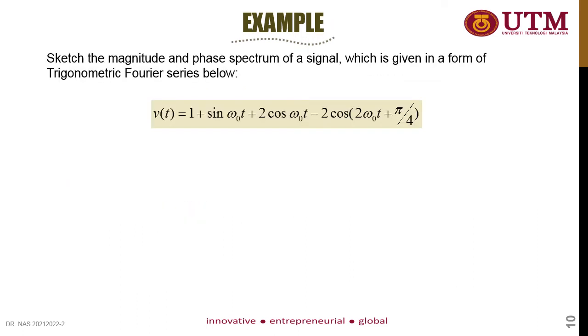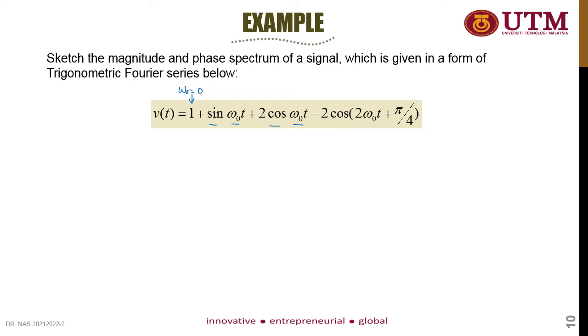Okay, let's look at an example. You need to plot the magnitude and phase spectrum of the given signal. The first step is to check the components given and rewrite if necessary. Let's look at the given function. You have frequency omega naught in a sine function, and you also have omega naught in a cos function.